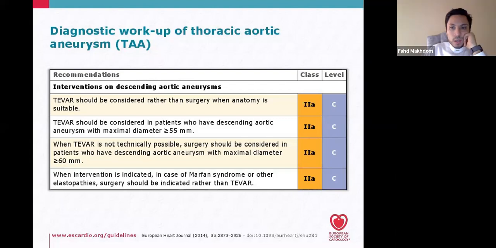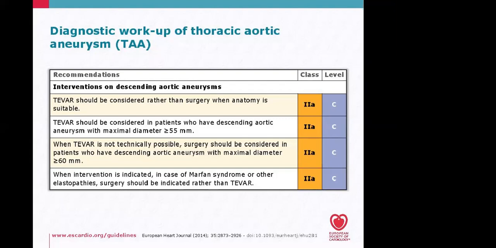Types of endoleak: type 1 at the proximal side, type 2 at the distal side, type 3 through the feeding vessels, type 4 through the graft manufacturing, type 5 due to oozing on the graft, and there is one more type.